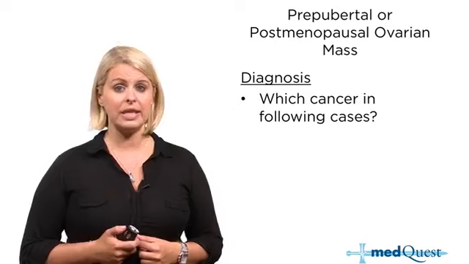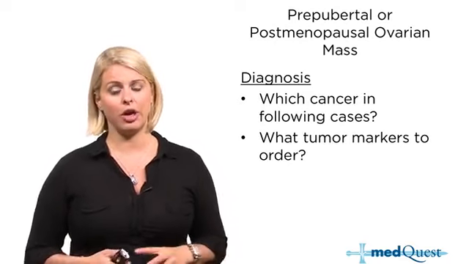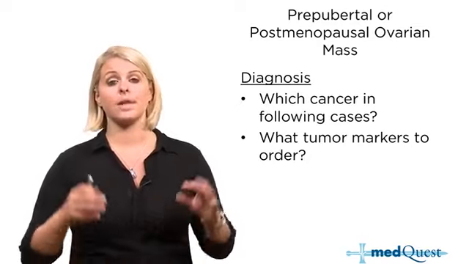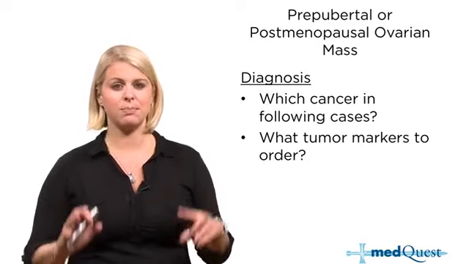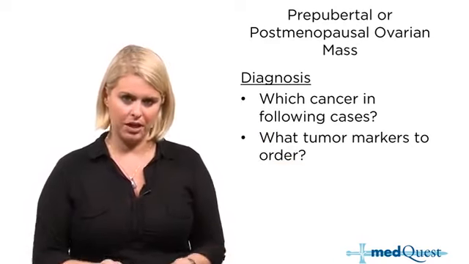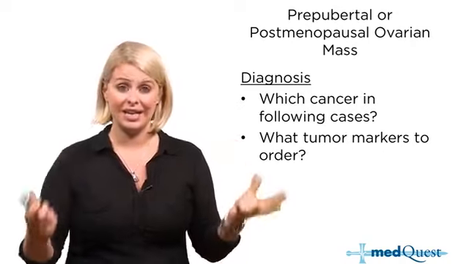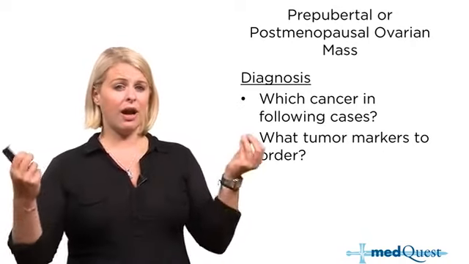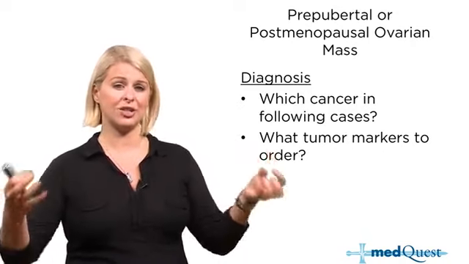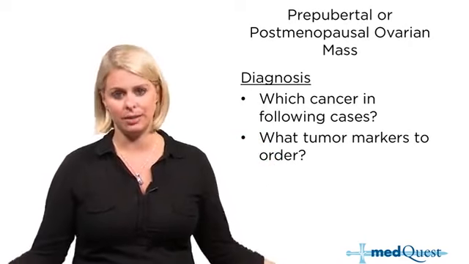What's your diagnosis? Which cancer in the following cases and what tumor marker makes it? There are a bunch of different types of tumors, but generally only one type of case goes with each type of tumor. So, like I said before, if the test wants you to answer the specific answer of this specific tumor, they're going to have to tell you something.